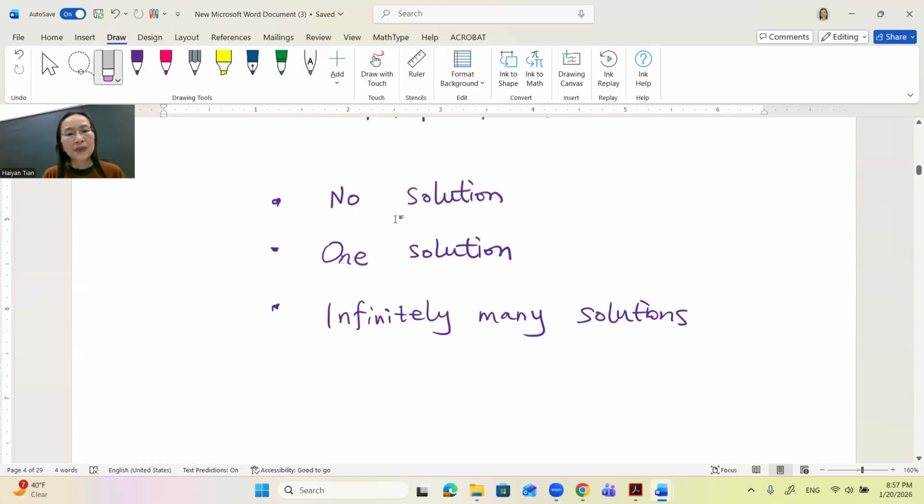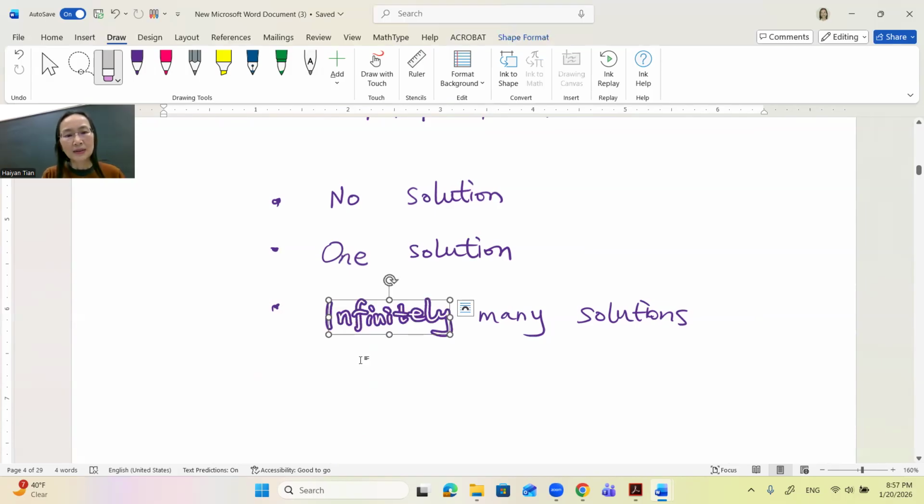No solution. One solution. That means there's a unique solution. Imagine two lines that intersect. So there's one intersection point. That's the only solution that is common to both equations of the system.